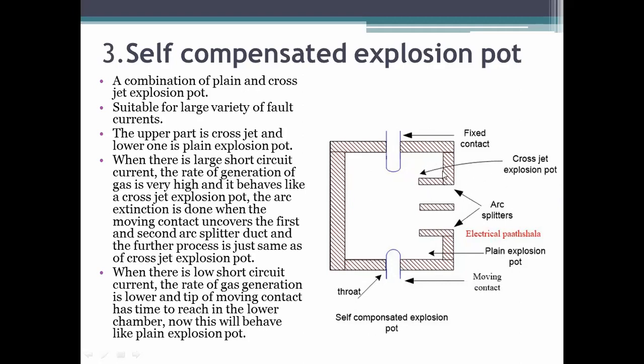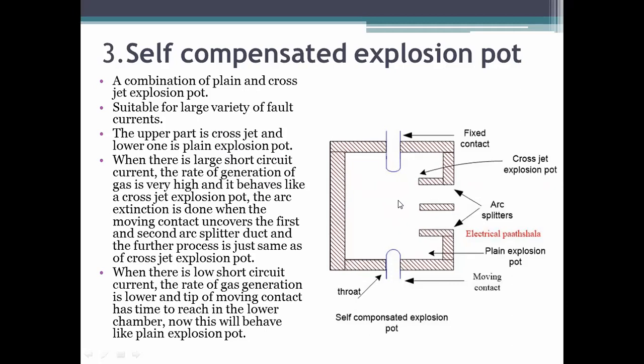This is the cross jet explosion pot, and one is the plain explosion pot. Means here we are using the simple fixed and moving contacts, and the pot is used here. So this is suitable for a large variety of fault currents, means for low, medium and high we can use this. The upper part is cross jet and the lower one is the plain explosion pot.